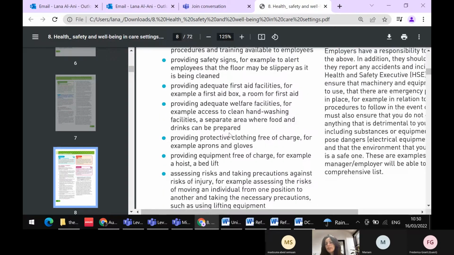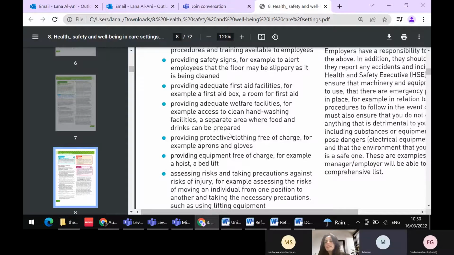Any other things you can think of? Yes, guys? Like Federica, what do you think? What's the responsibility of your manager? Like protective clothes.